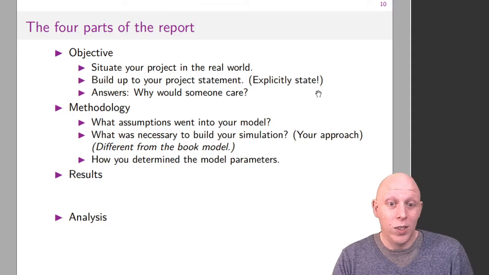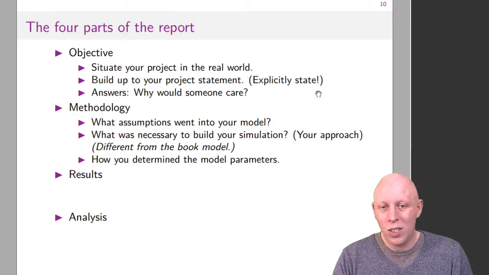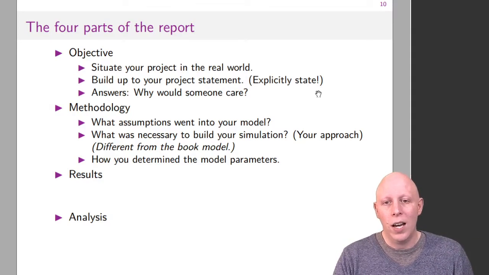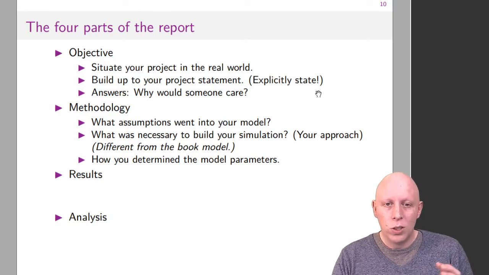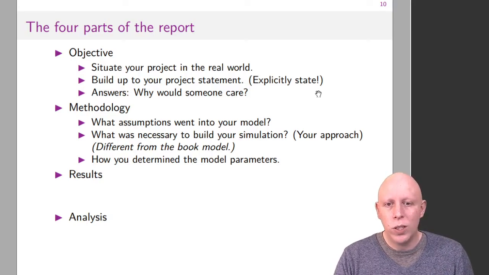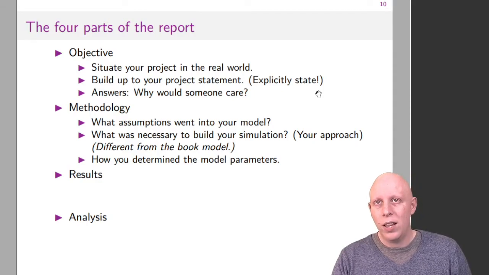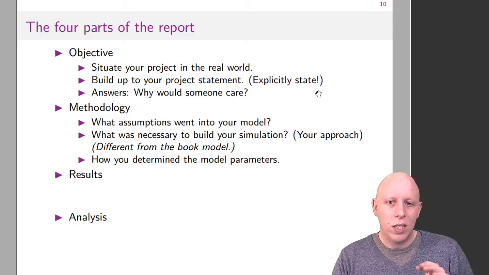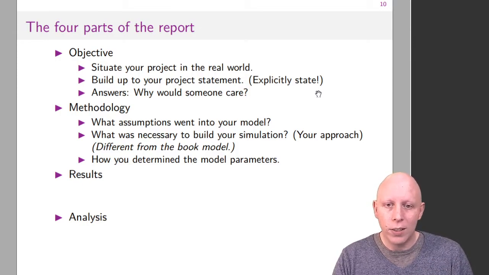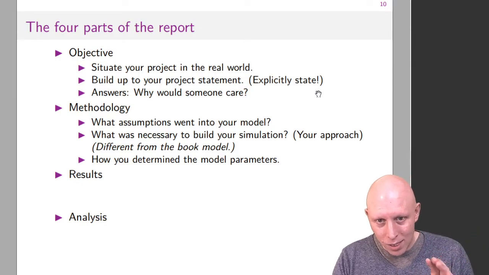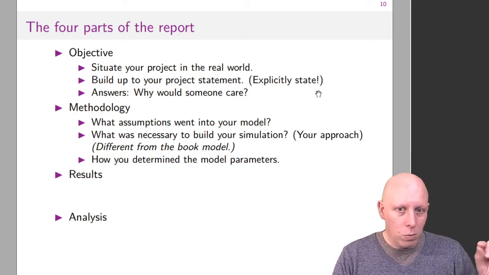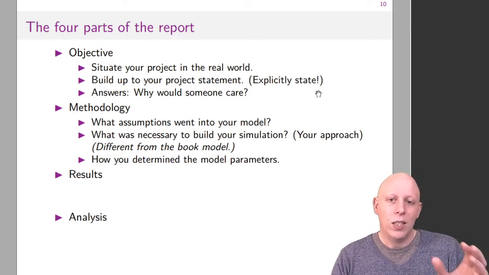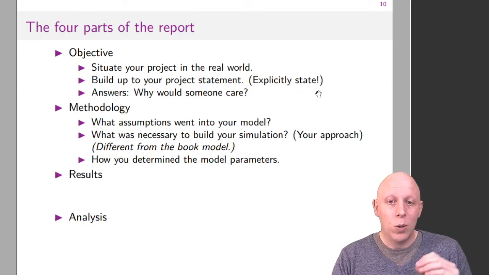So this isn't going to be everything, because your simulation isn't about everything. But what was your approach? And at this point, you can be talking about the ideas behind the code, and it should be clear that the model that you created is different from the book model. Now, I don't want a sentence that says, this model is different from the book model because. It just should be clear about how you approach the problem, that it's different from the book model.